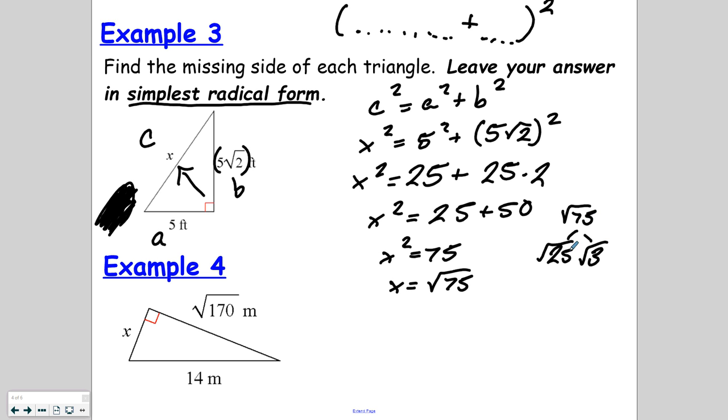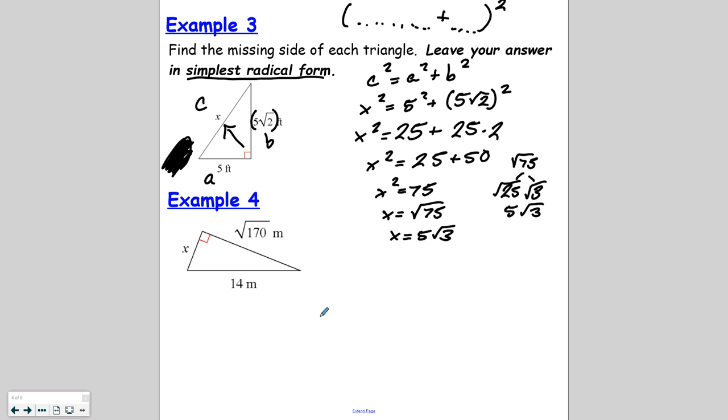And now we can just simplify this. The square root of 25 is 5. So this is really 5 times the square root of 3. Like I said, we wanted a little bit more detail on that one, just because maybe it's been a while since we've simplified radicals.